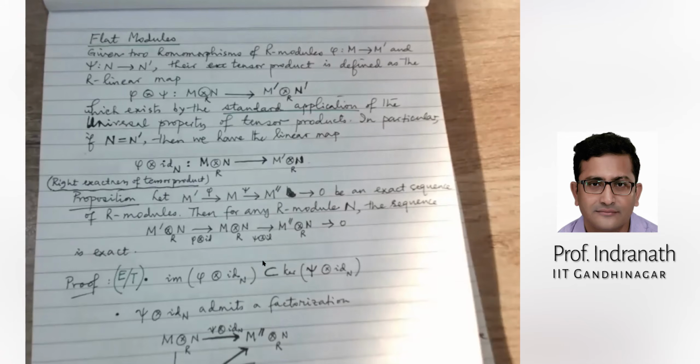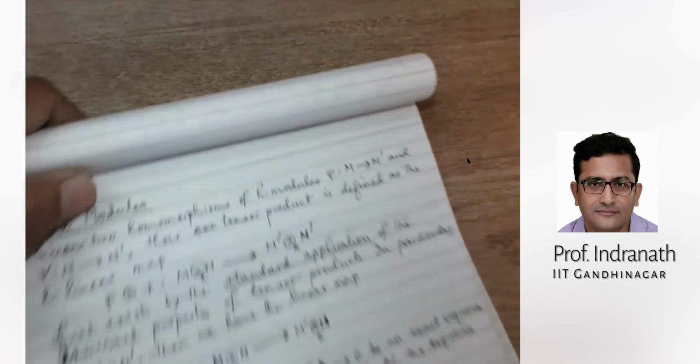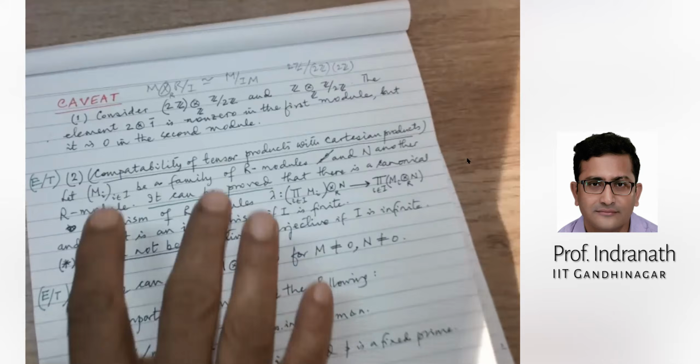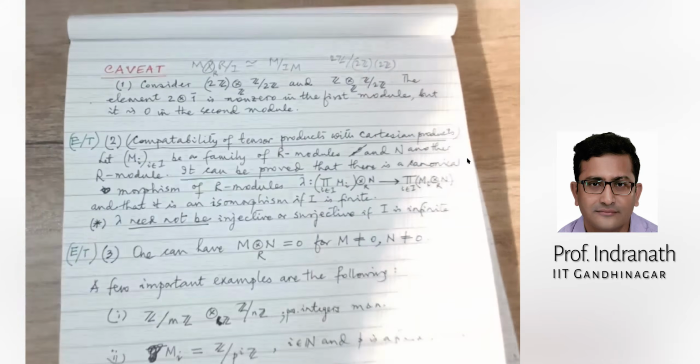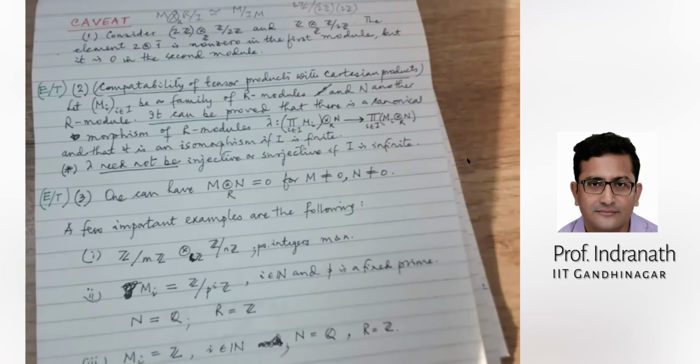No. See, the point is not that. Let me show you. Sir, we can define a bilinear map from 2Z cross Z mod 2Z to Z mod 2Z. What is the map? The image of (2, 1) is non-zero. That is enough.